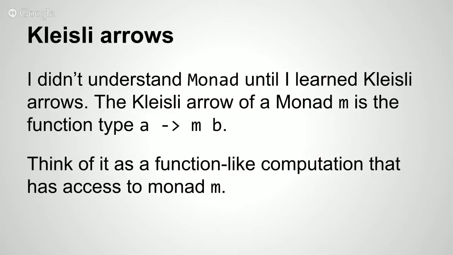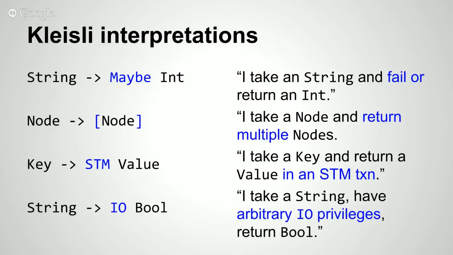So the Kleisli arrow of a monad M is the function type A arrow M B. Or it's like saying A to B, except I can also access this monad M. So some Kleisli interpretations. String to Maybe Int is saying I take a string and I either fail or I return an int.